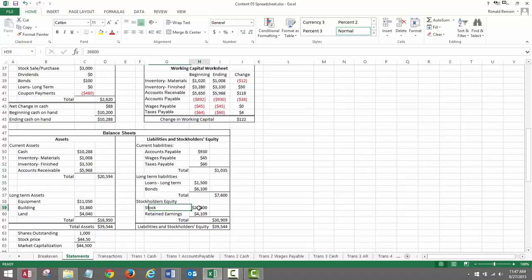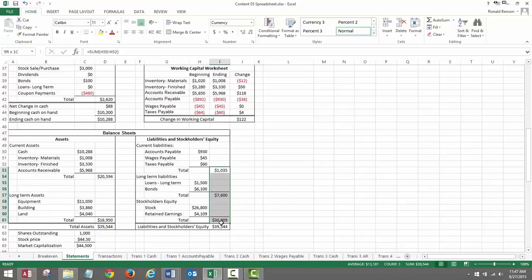We have 26,800 invested by investors in the company, and we retained earnings from our income statement amount. They accumulate here. Any net incomes are added to this each time period, and that totals $30,909.